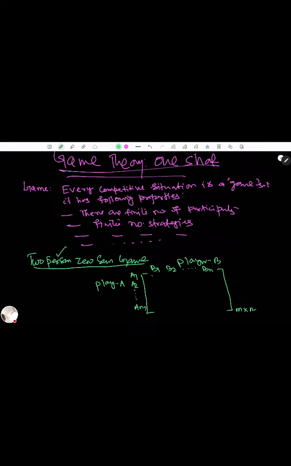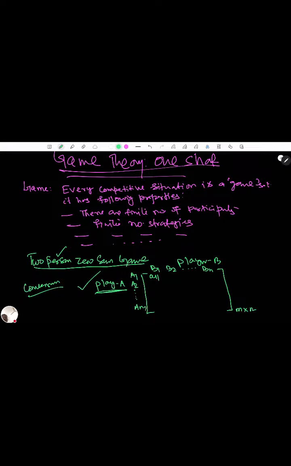This payoff matrix is in view of player A, right? By general convention, we write it from the viewpoint of player A. The player written on the left-hand side, on that basis the payoff is written.